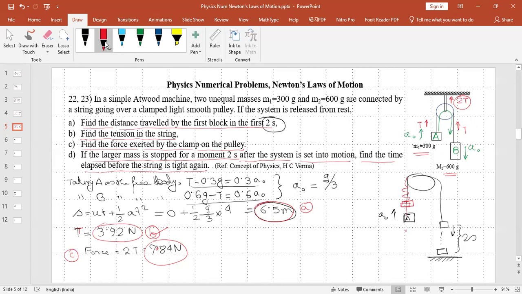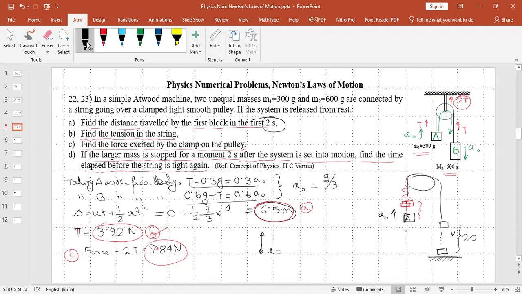So we just have to find out what is this height before it comes to zero. Now it's not very difficult. This body A is moving upward. Its speed u we have to find out. That means from the start, after 2 seconds, what is its velocity?